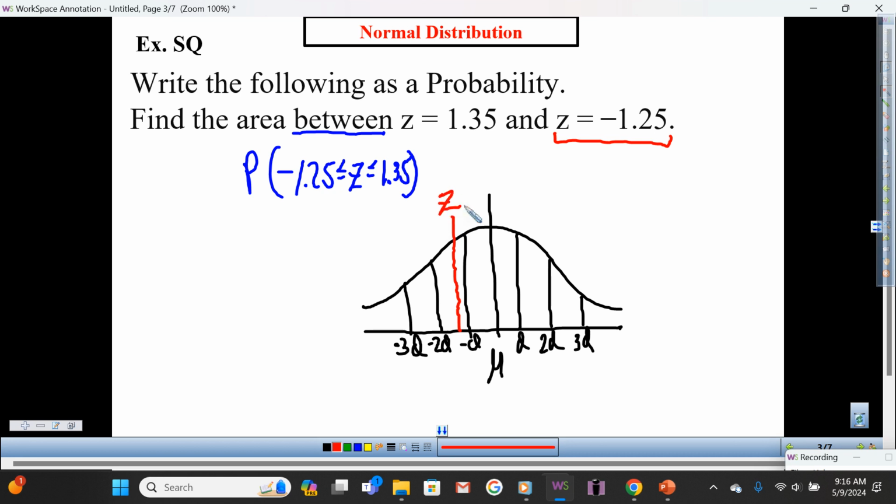That's my first Z. How about this one? Starting at mu. Yes. 1 and about 1/3 right here. So now we basically just need the area between those two. Remind your neighbor how to find that area, please.